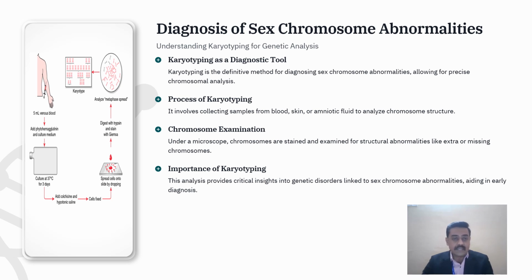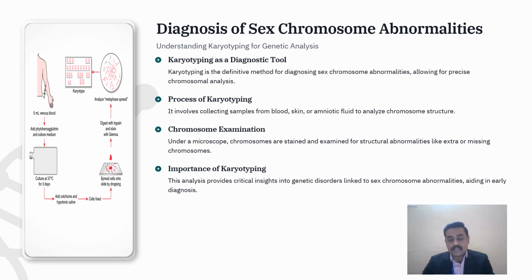This is cultured by adding phytohemagglutinin, and once cultured at 37 degrees centigrade for 3 days, the cells are blocked at the metaphase chromosome stage by the addition of a chemical called colchicine and hypotonic saline.